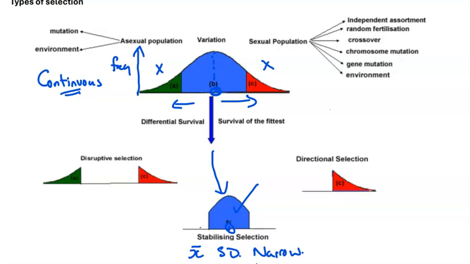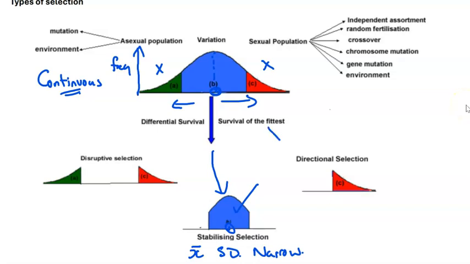The population will show less variation. This is appropriate for stable conditions where the genotypes which are available are already suited to that particular environment, and so the population needs to maintain that genetic profile for its continuation.